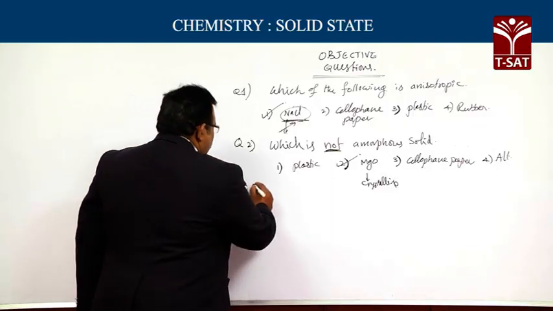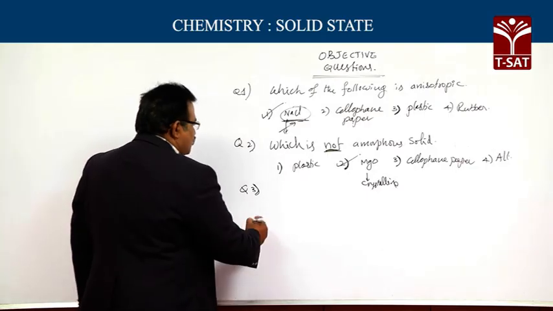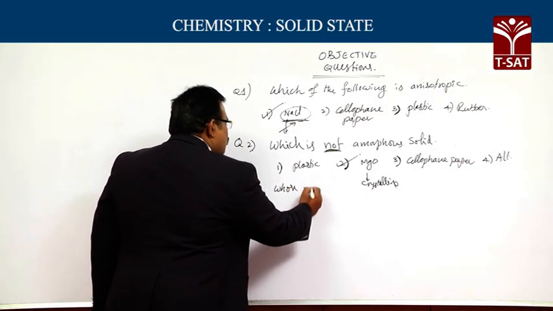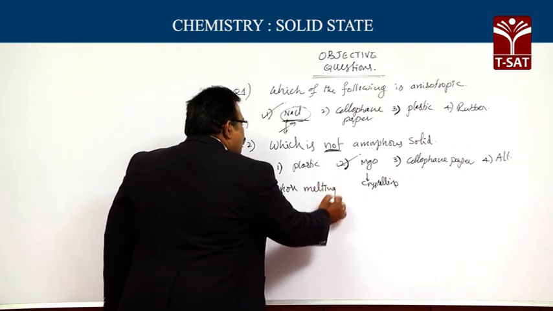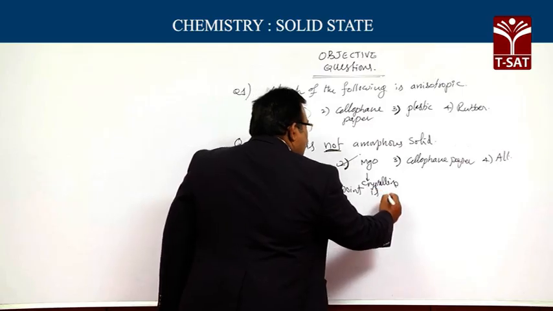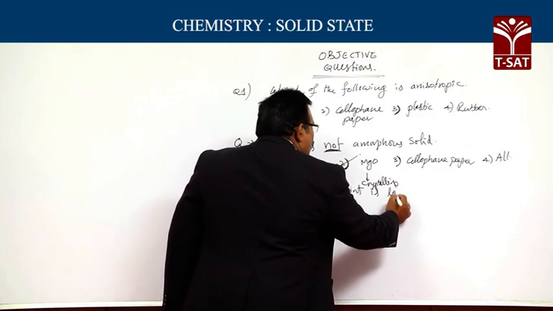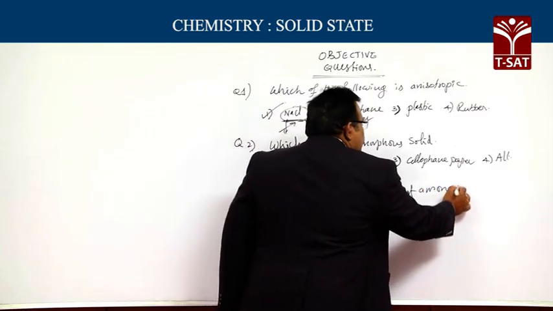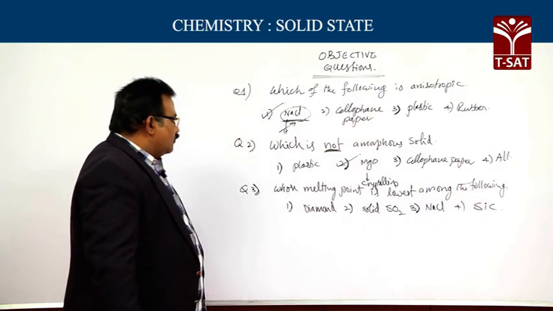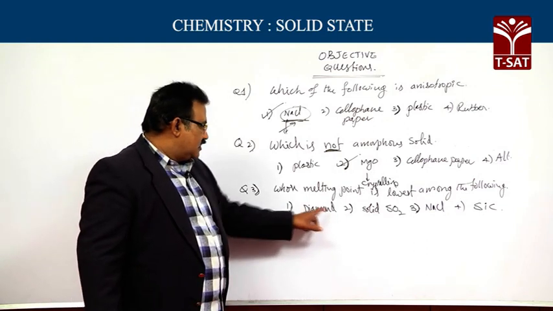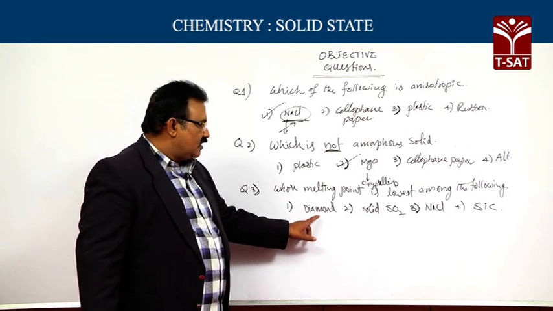Let us take a third question. Whose melting point is lowest among the following? Diamond is a network solid, high melting point.